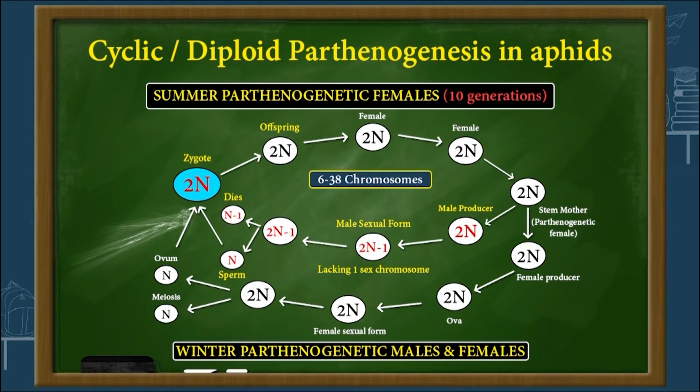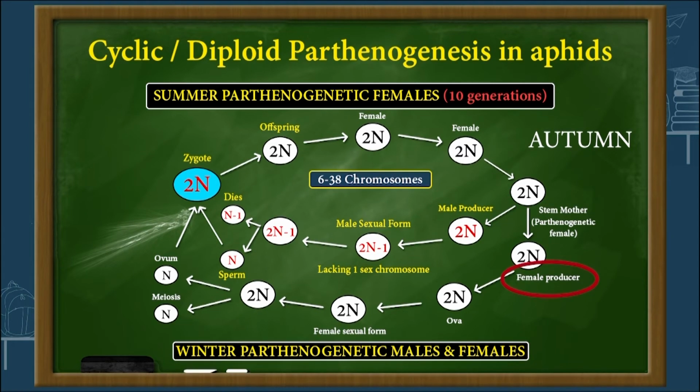After about 10 generations pass by, which will come along with the autumn season, the female will become the stem mother. That is a parthenogenetic female which can produce two types of progeny parthenogenetically. One becomes the male producer and the other becomes the female producer.